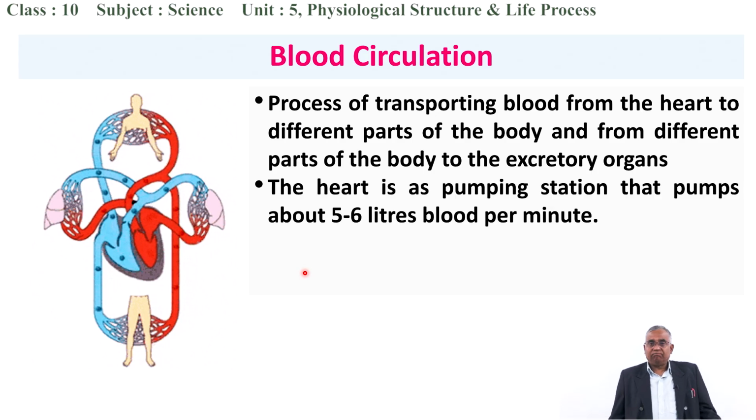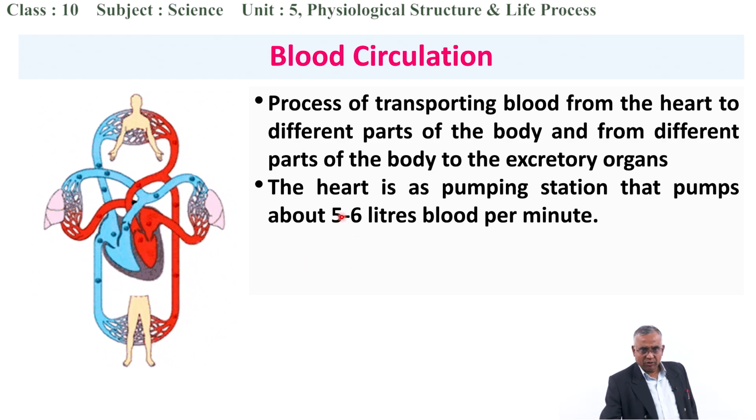And blood is circulated by, in fact, three things. Blood carries them, blood vessels give the path to flow the blood, and the heart is the pumping machine which pumps blood into different parts, maybe into the lungs, or into different organs. Blood is pumped by what? The heart.